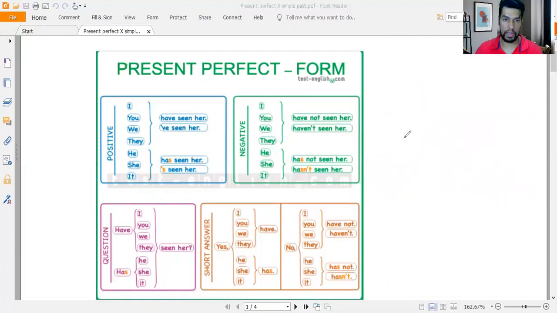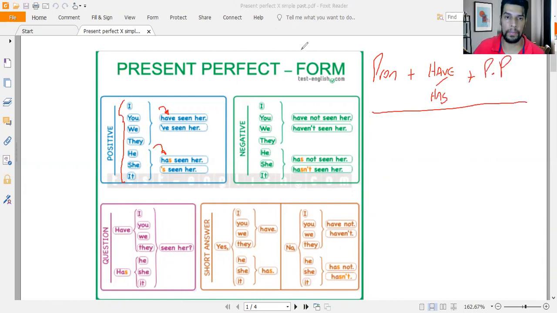And the structure is, as we see, we have these pronouns. We need an auxiliary, have or has, and the past participle. So let's see, we need a pronoun plus have or has plus past participle. Let's see how it works.